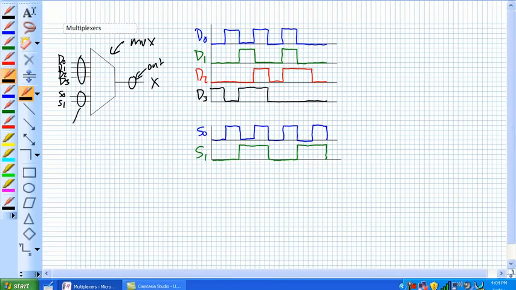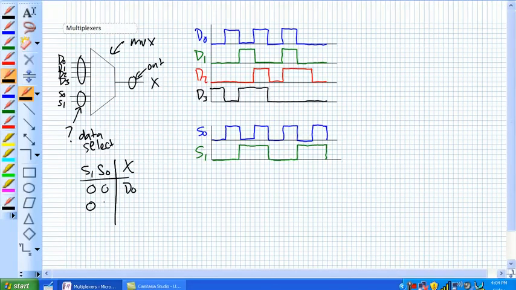And you may ask yourself, what are these right there? Well, those are the data select. That is telling you which source is going to the output. Okay, so S1, S0. What is X when S1 is 0 and S0 is 0? Well, it's D0. Then 0, 1, 1, 0, 1, 1.